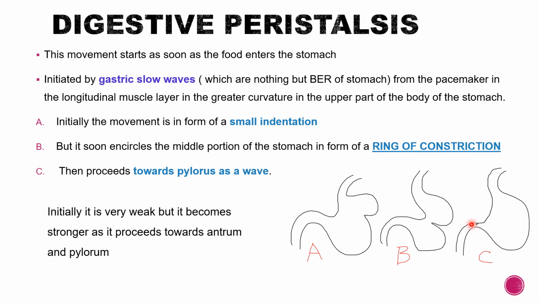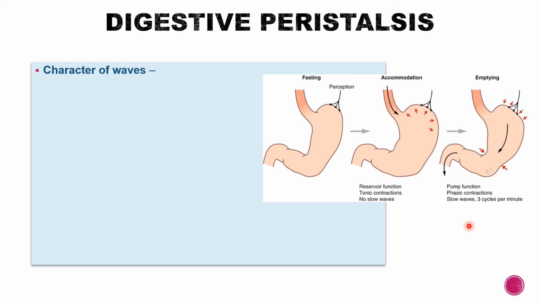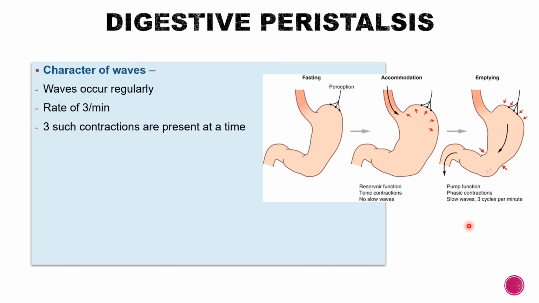So initially this indentation is very weak, then it gradually becomes strong as it moves towards the antrum and the pylorus. Weak, stronger, and here it's very strong. What are the characteristics of these digestive peristaltic waves? The waves occur regularly at the rate of 3 per minute. 3 such contractions are present at a time.